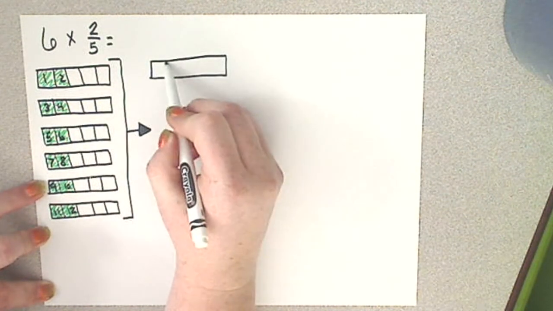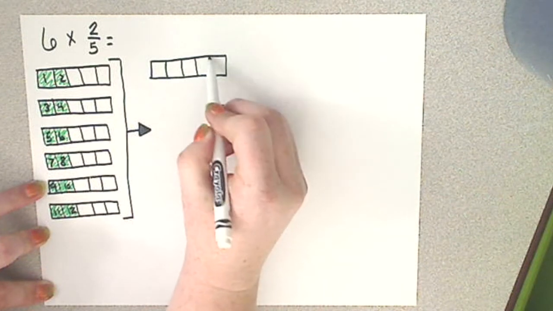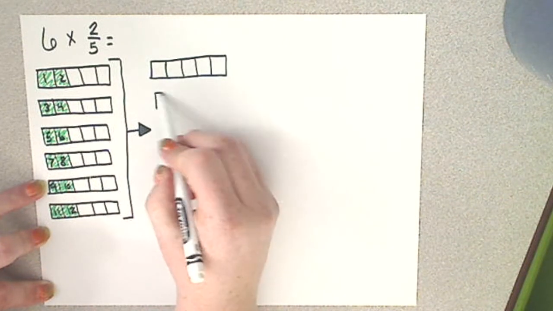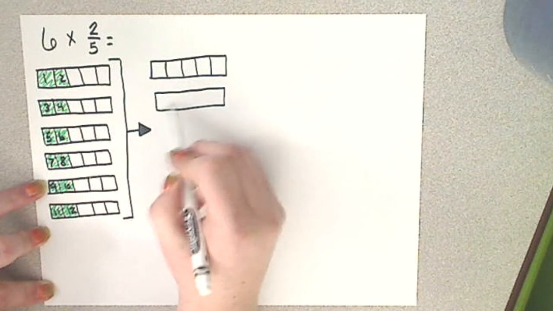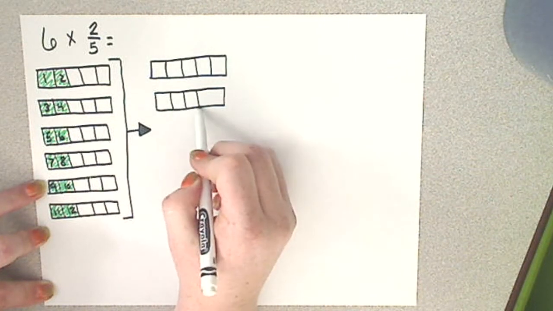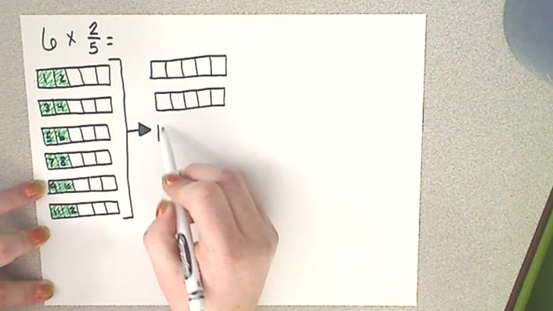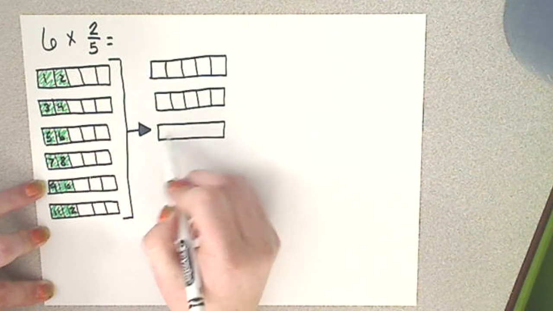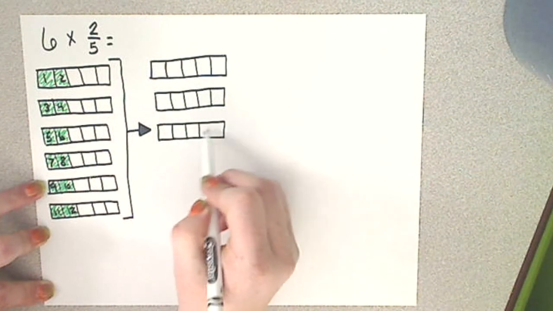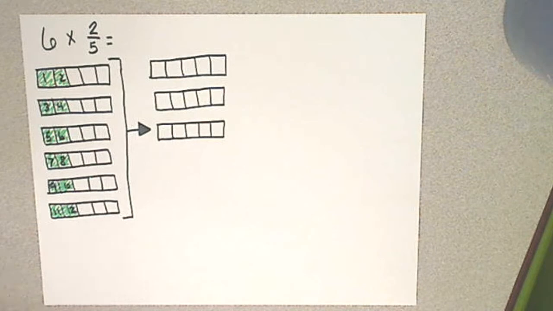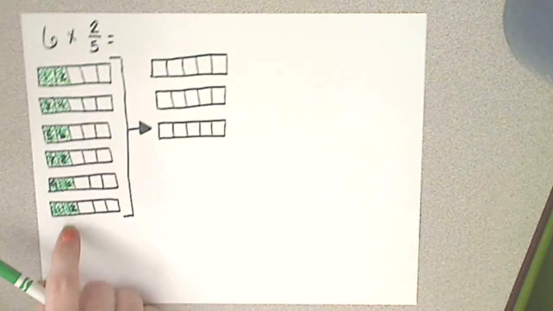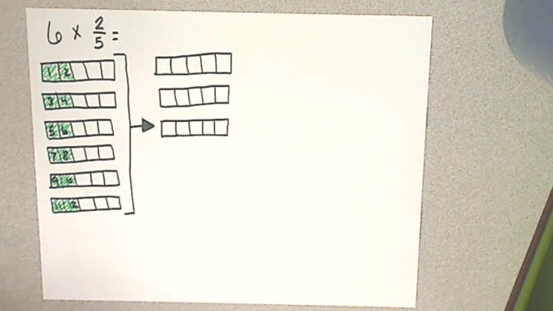So let's see here. 1, 2, 3, that makes 5. 10. 15. So 15 is enough because we only have 12 shaded pieces.